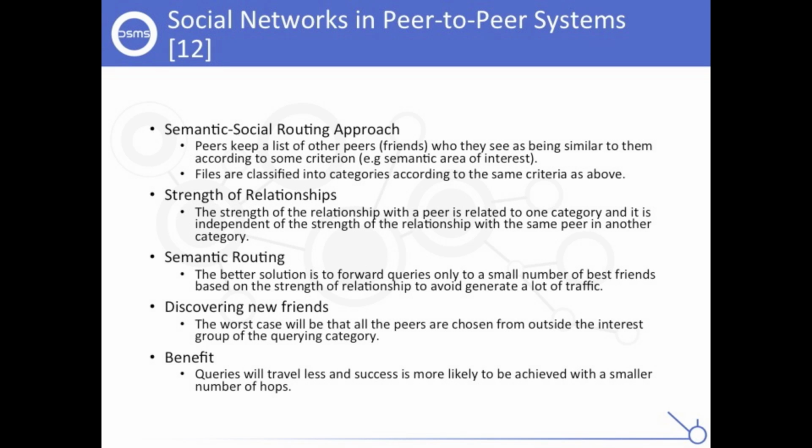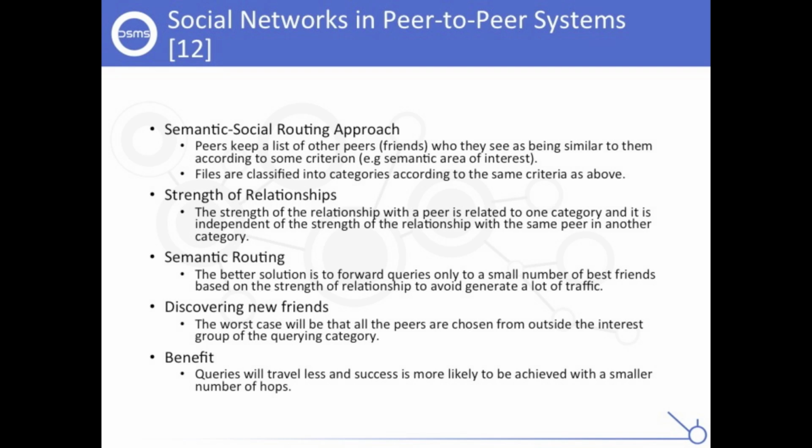Now we are going to talk about how social components can be included into existing peer-to-peer systems. For example, in order to improve Gnutella, we can include the next concepts. Semantic social routing approach, which says that we can have a list of peers that share the same interests with us and classify them in categories. Strength of relationships. Each category and its peers are category independent.